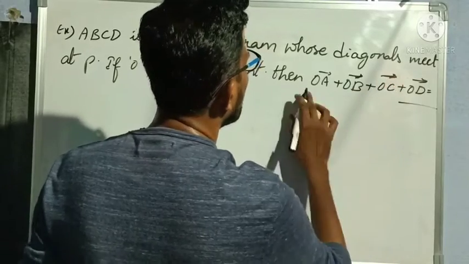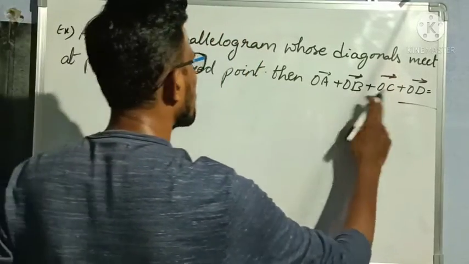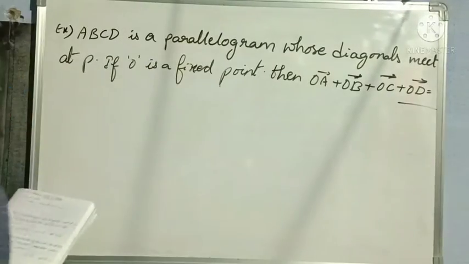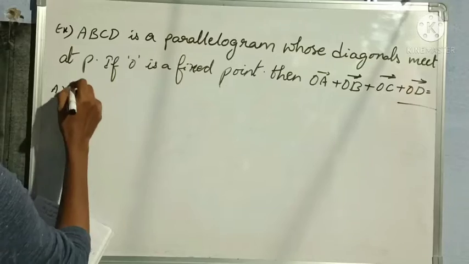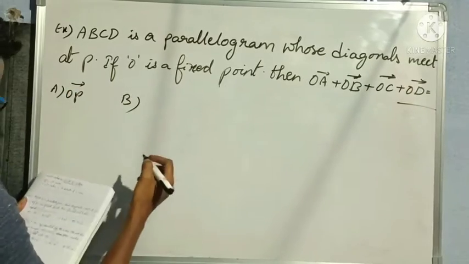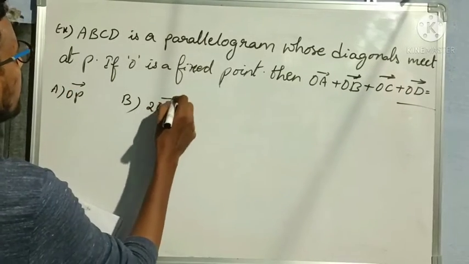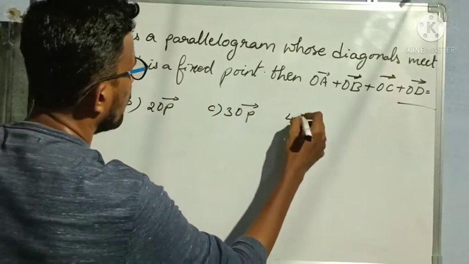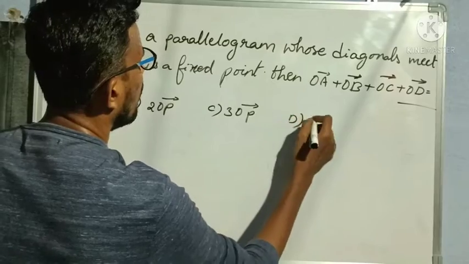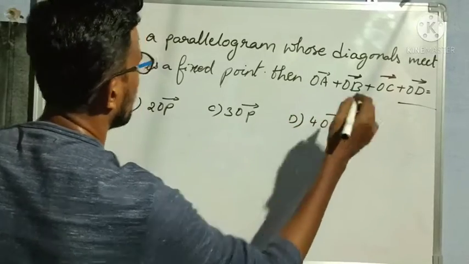So we have to find out how much the vector OA bar plus OB bar plus OC bar plus OD bar is equal to. Option A, OP bar. Option B, 2 times OP bar. Option C, 3 times OP bar. And option D, 4 times OP bar.